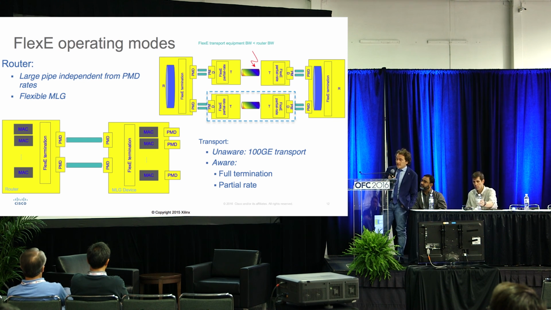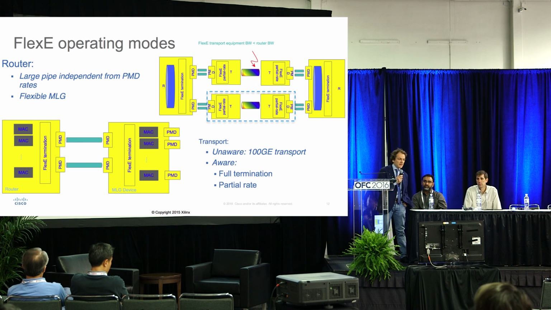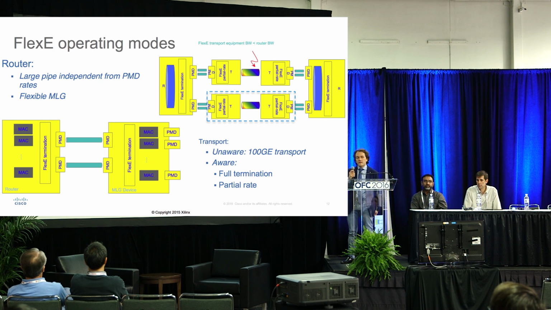Looking at the transport side, what the transport will look like with FlexE. We talked already about the unaware mode, so reuse of 100 gigabit or 200 gigabit transport equipment, simply transporting 100 gig. And we talked about the aware mode, where we have two ways of operating.